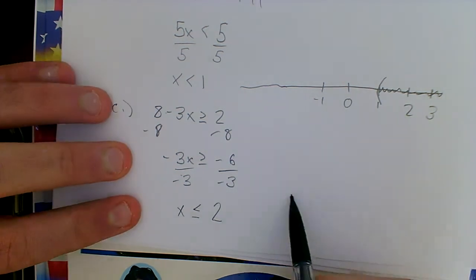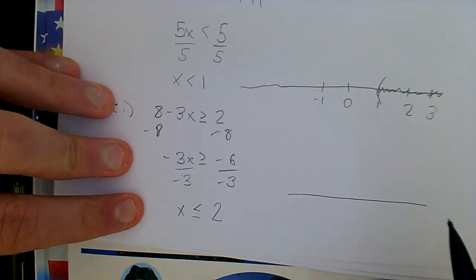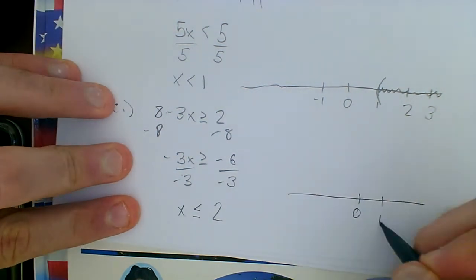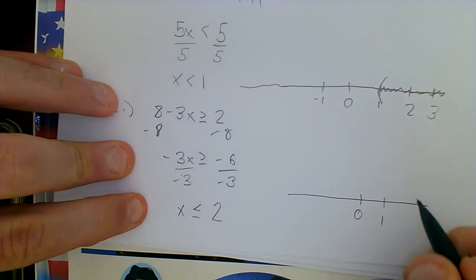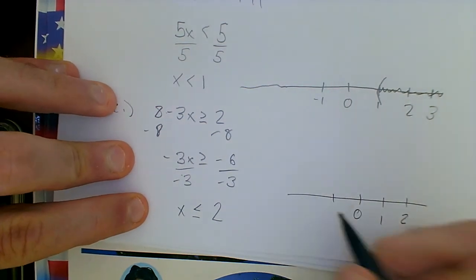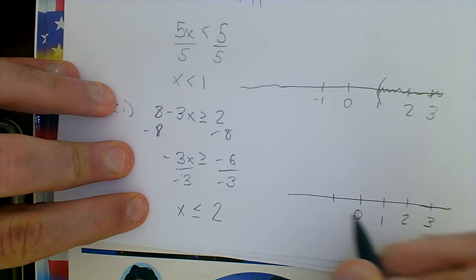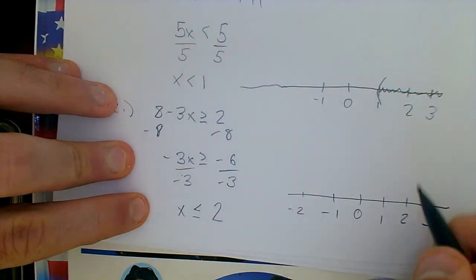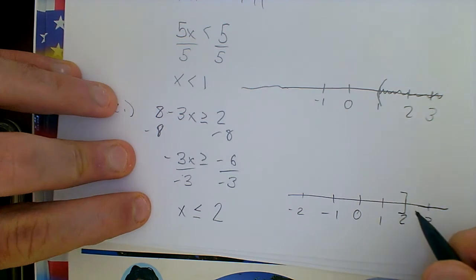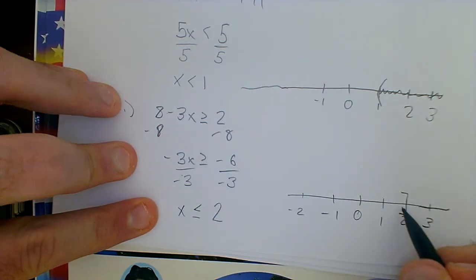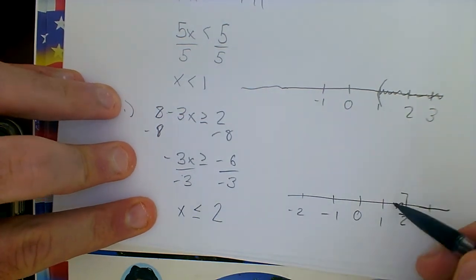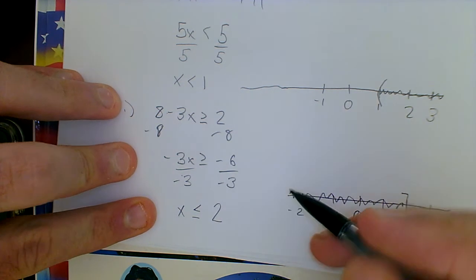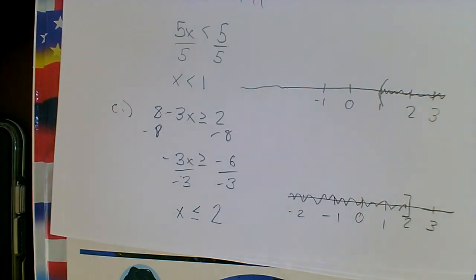So now, to draw our graph here, go 0, 1, 2, make this side a little longer, 3, -1, -2. Okay, so we find 2, and since it's a less than or equal to sign, we're going to use the square bracket and shade in all this. Alright, so that's how you do those linear inequalities.